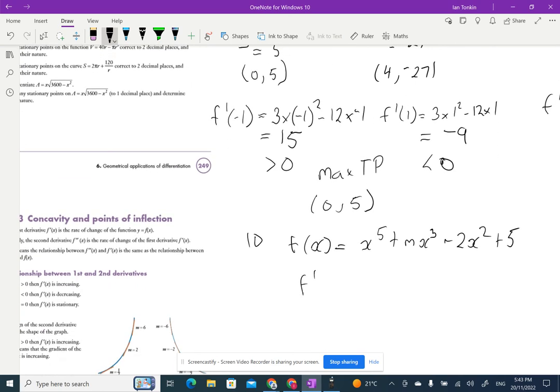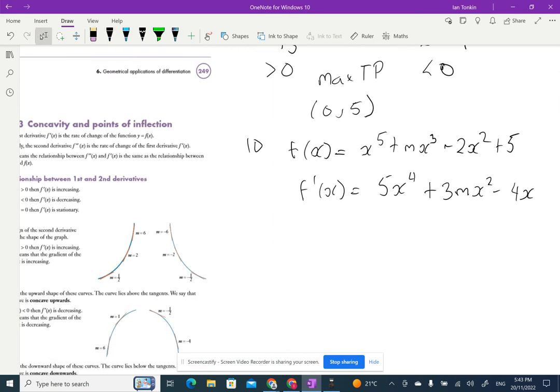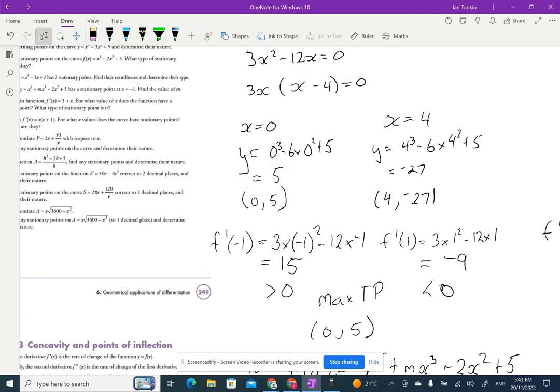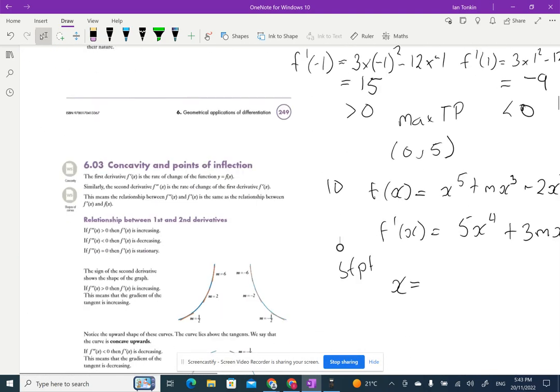So f dash of x equals 5x to the 4 plus 3mx squared minus 4x. Therefore, it says stationary point when x equals, what they say? -1.